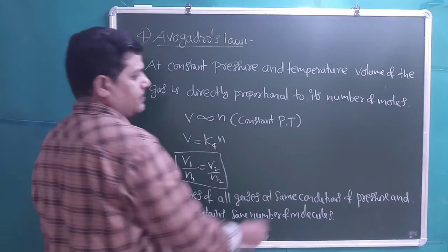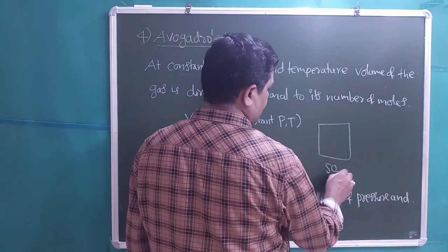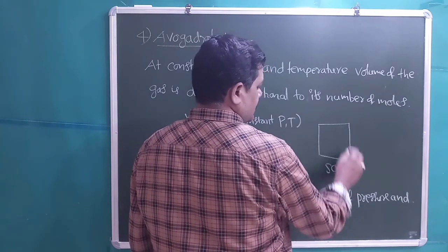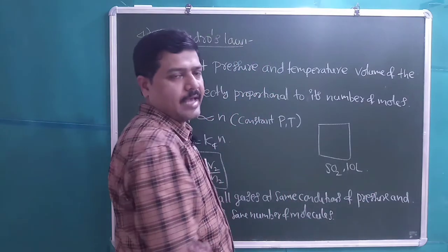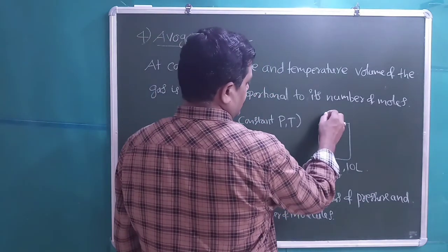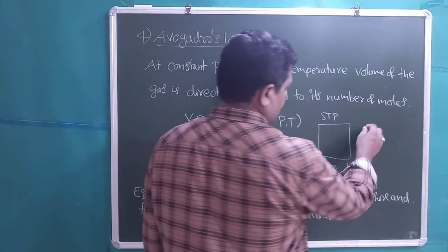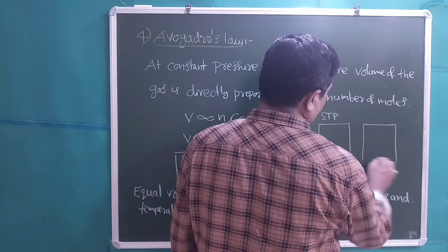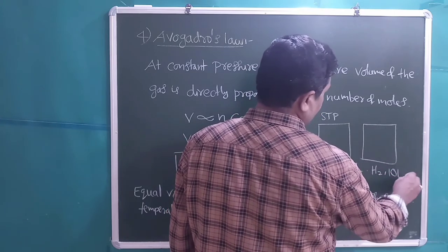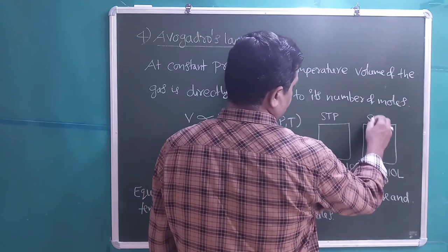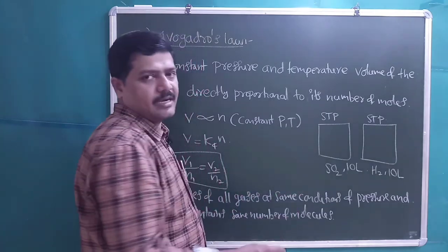Students, for example, we will take SO2 gas, sulfur dioxide gas. Assume the volume of the gas is 10 liters, present at STP conditions, standard temperature and pressure. Another gas, hydrogen gas, is present in a vessel, which is also 10 liters of volume, at the same temperature and pressure, that is STP conditions.